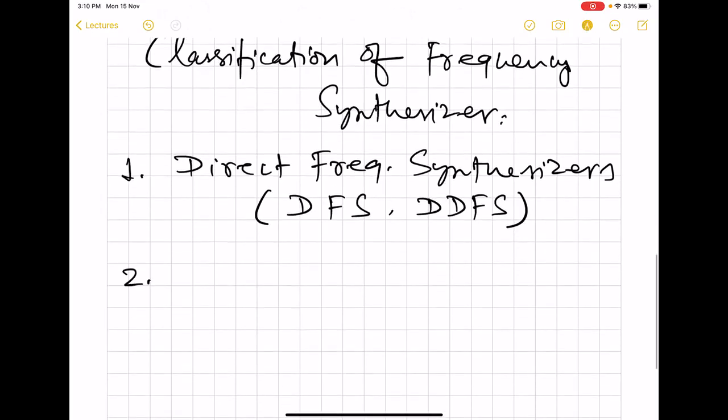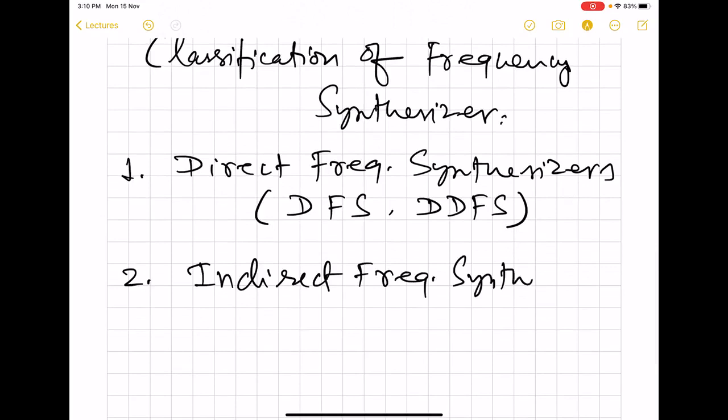And the second technique is called indirect frequency synthesis, which leads to indirect frequency synthesizers.